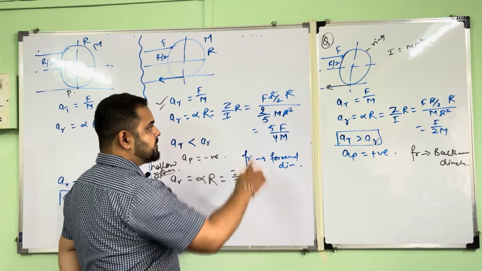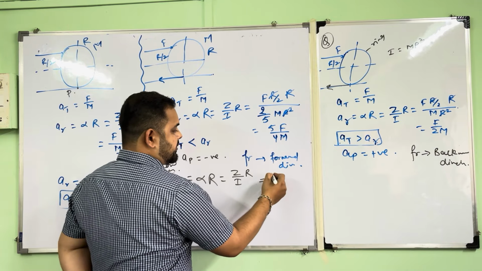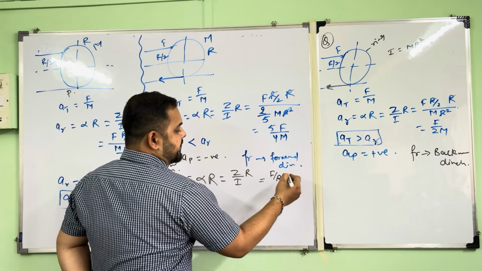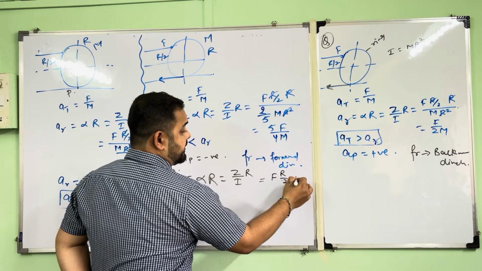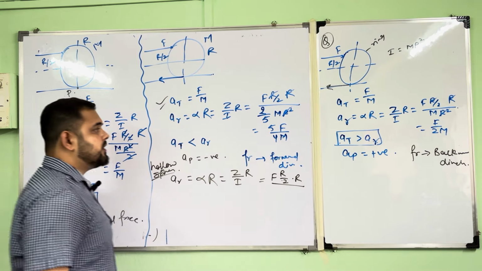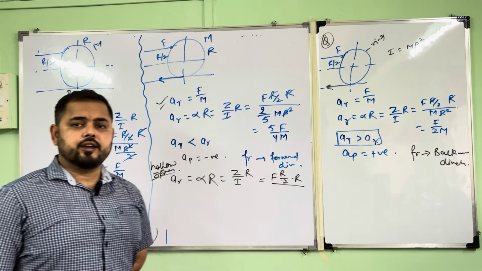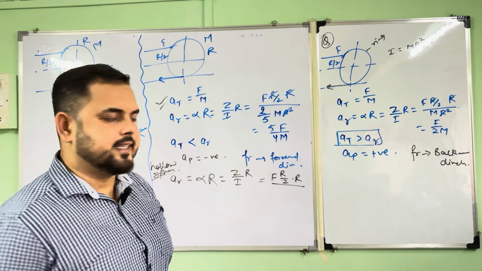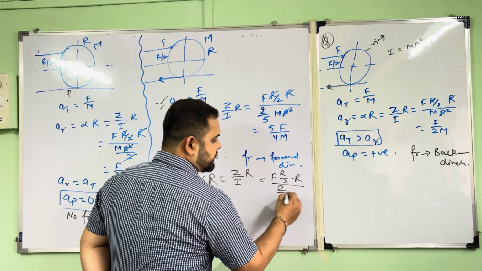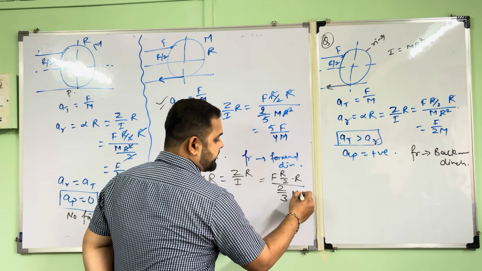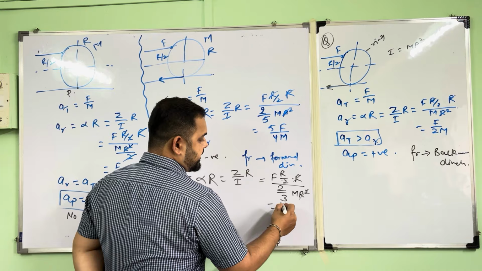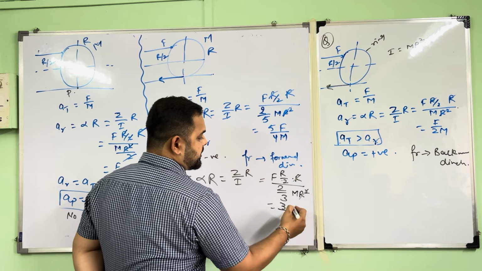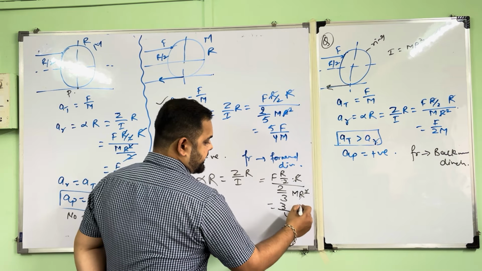Torque is F r by 2 into r, divided by the moment of inertia of a hollow sphere, which is 2 by 3 mr square. So r square is cancelled out. So it is 3 by 4 F divided by m.